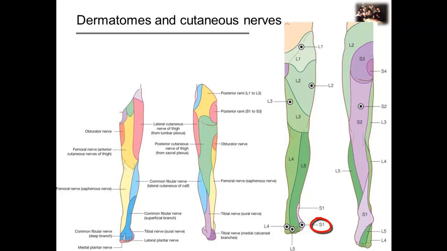S1 extends to the heel, as you can see. So remember that you stand on your S1 and sit on your S3, while S2 is the long strip in between.